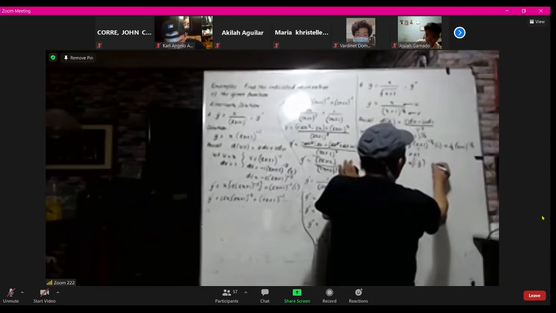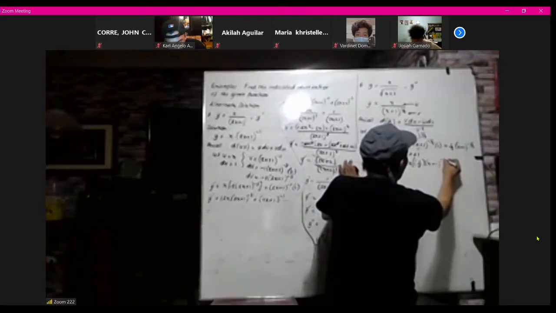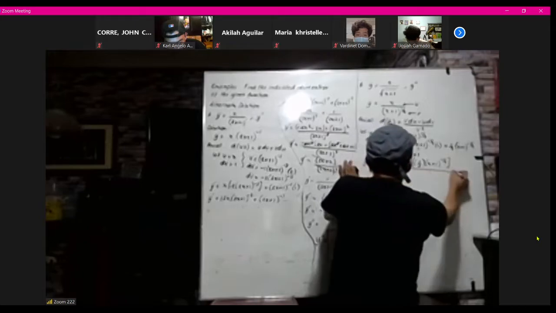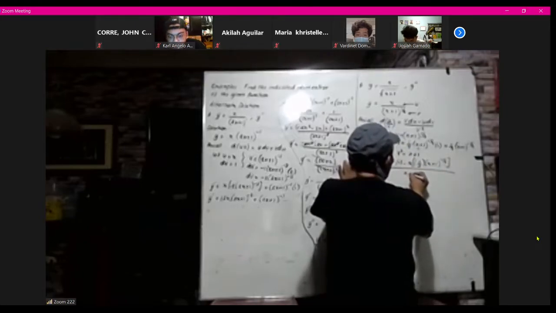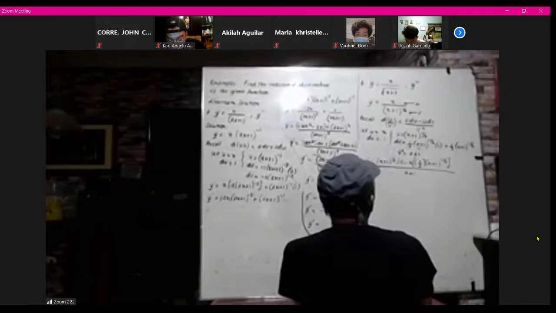multiplied by x plus 1 raised to negative 1 half. Okay, then all over v squared, that is x plus 1. Okay, so simplify na natin.